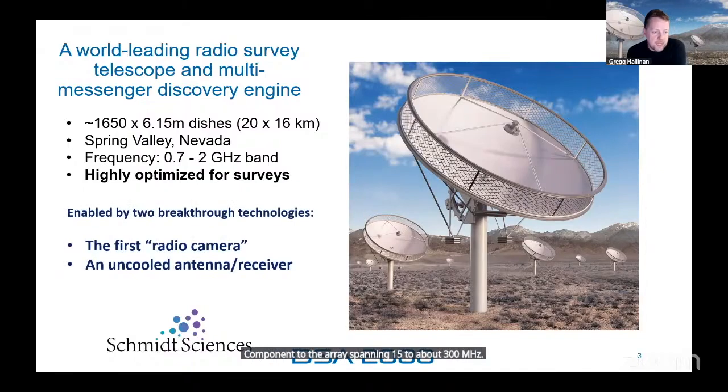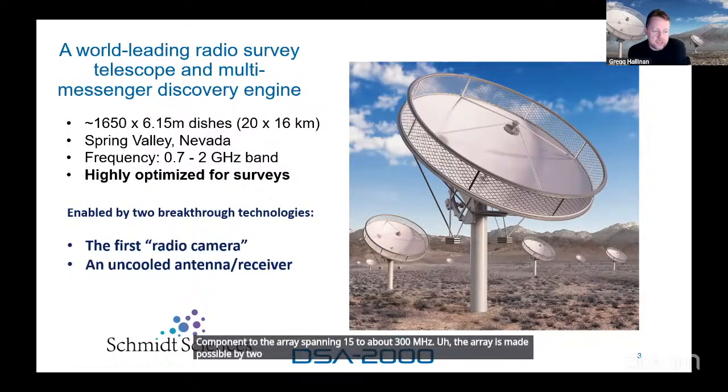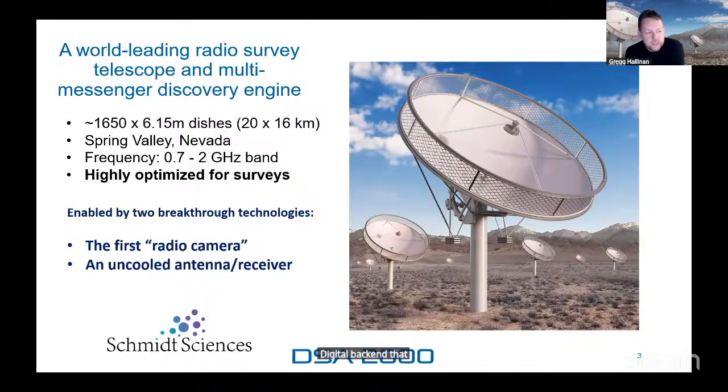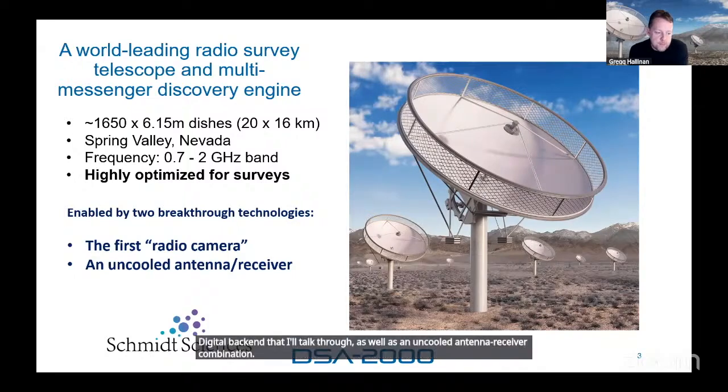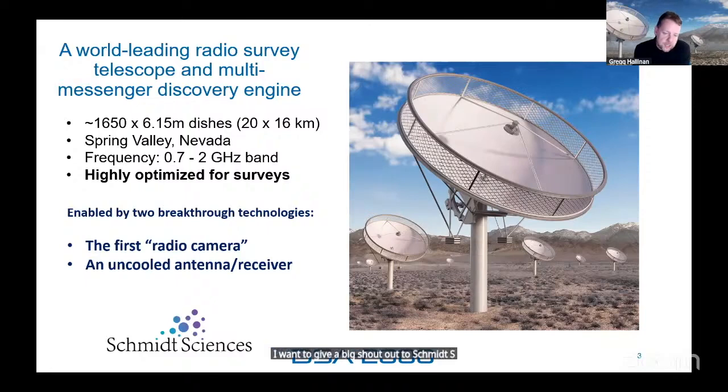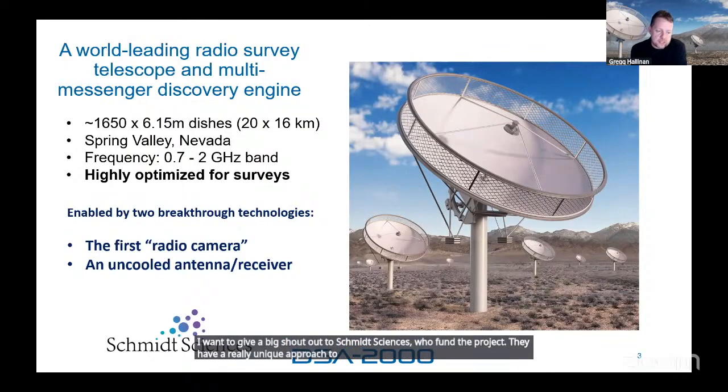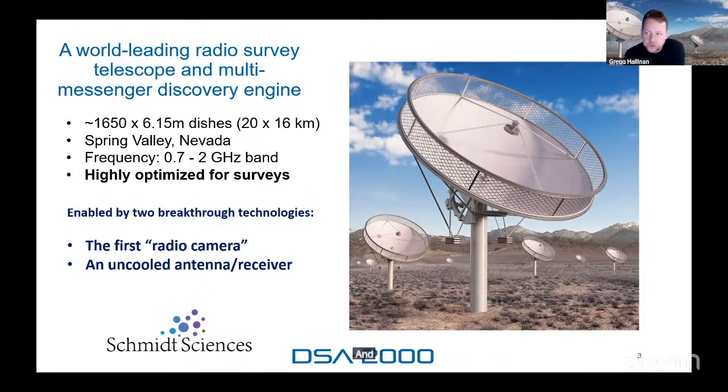The array is made possible by two breakthrough technologies. It's the first radio camera, and really there's actually two new generations of digital backend that I'll talk through, as well as an uncooled antenna receiver combination. I want to give a big shout out to Schmidt Sciences who fund the project. They have a really unique approach to how to do big projects, and it's allowed us to go through our timeline in a very accelerated way.